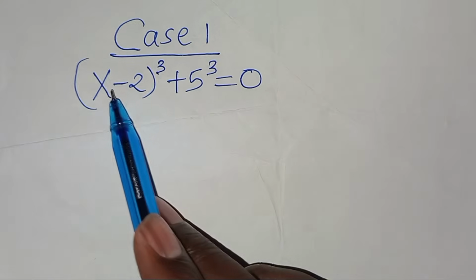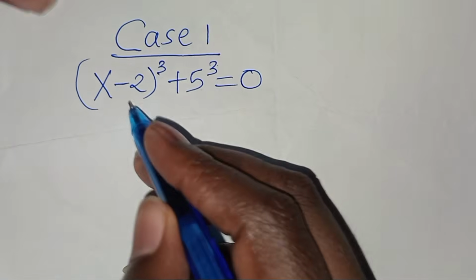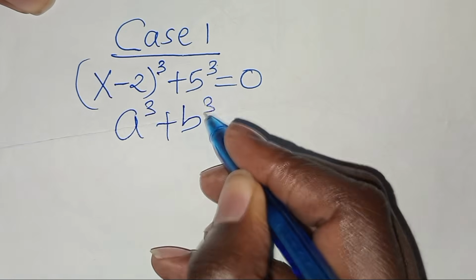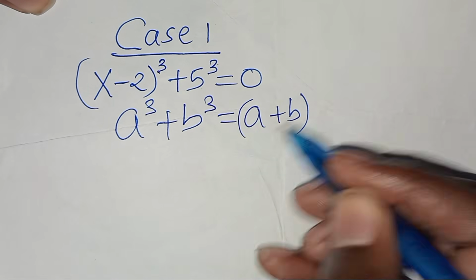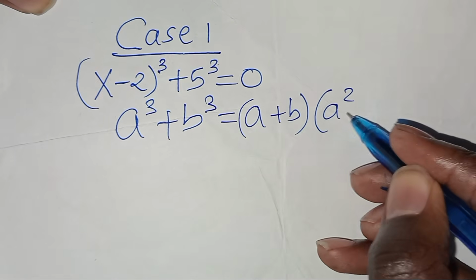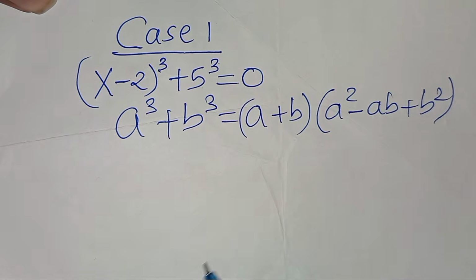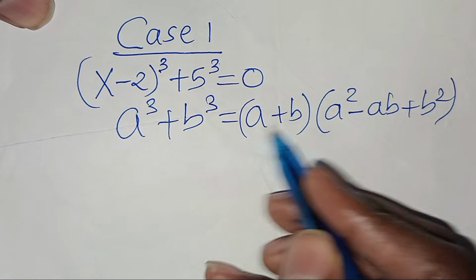Now case 1: we have (x - 2)^3 + 5^3, and this is in the form of the sum of two cubes, a cubed plus b cubed, which you can express as (a + b)(a squared minus ab plus b squared). So we have x - 2 as a and 5 as b.